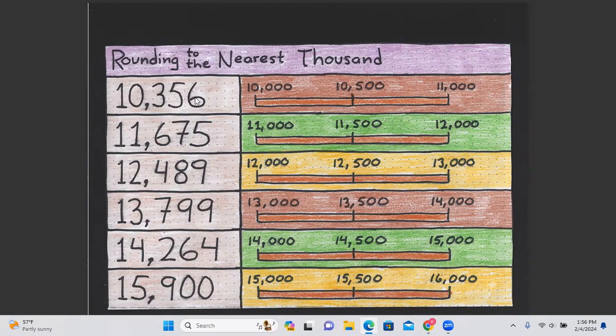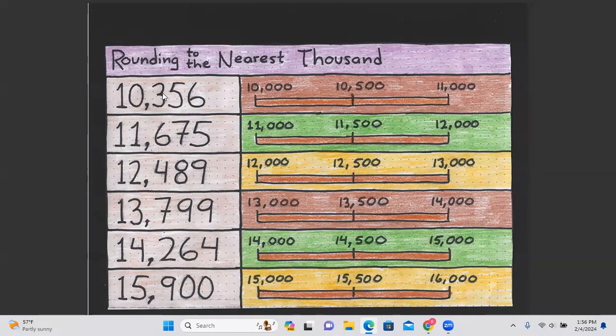10,356. And let's review our place value because we know that 6 is in the ones place, 5 is in the tens place, 3 is in the hundreds place, 0 is in the thousands place, and 1 is in the 10,000s place. Since we're rounding to the nearest thousand, let's take a look at 0, then its neighbor to the right, which is 3, which is in the hundreds place.